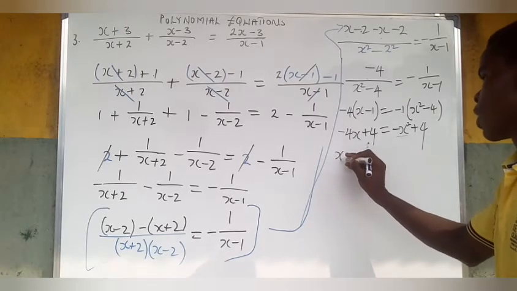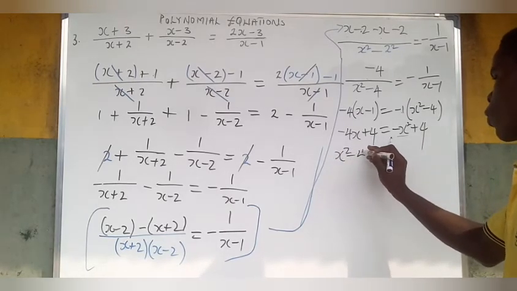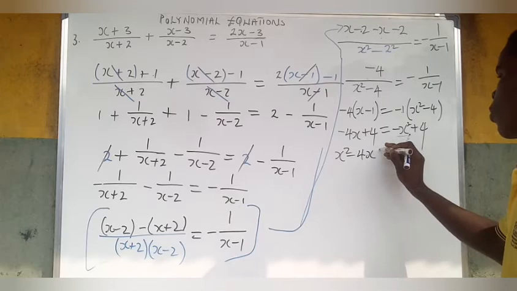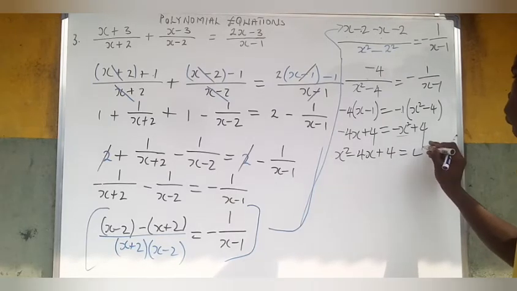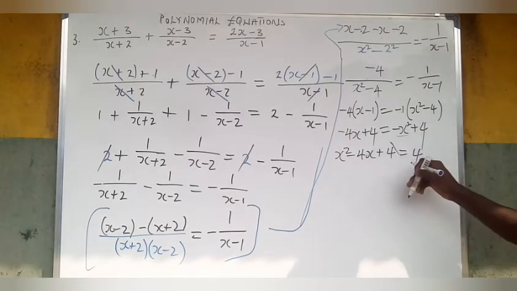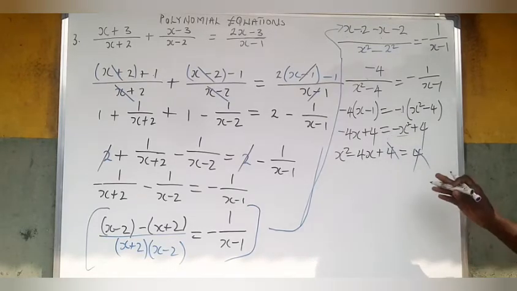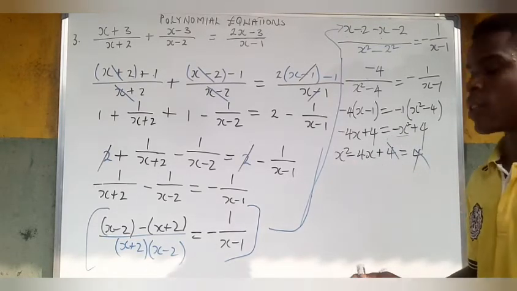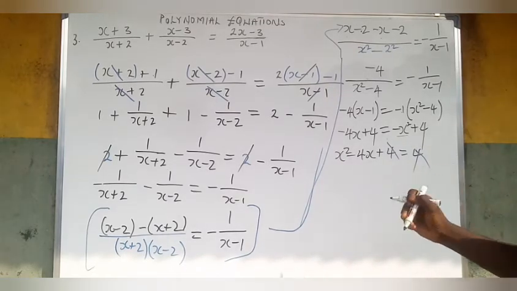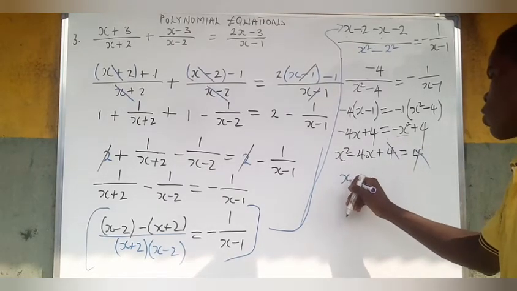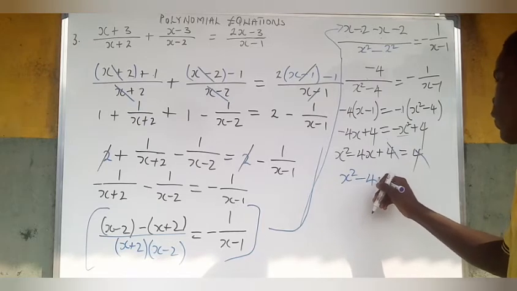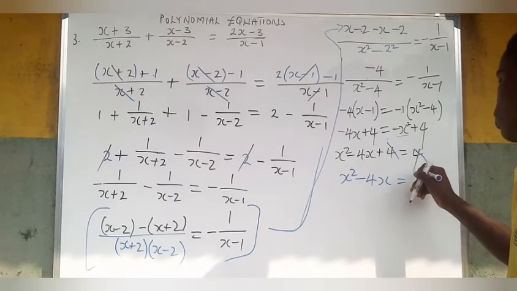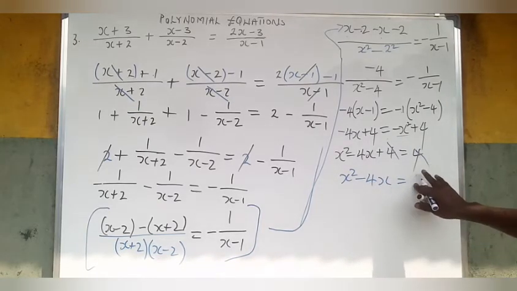That becomes x squared minus 4x plus 4 is equal to 4. The 4 and 4 can cancel because both of them are positive and on different sides. So we have x squared minus 4x is equal to 0.